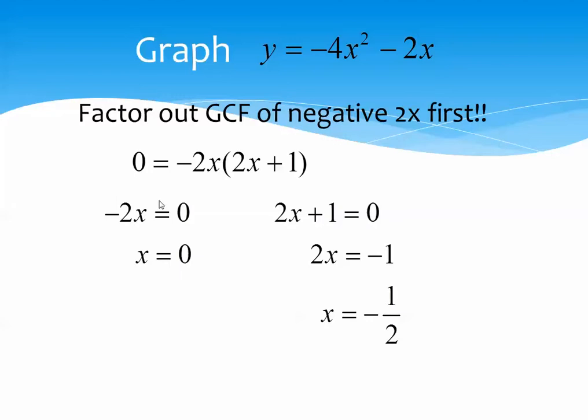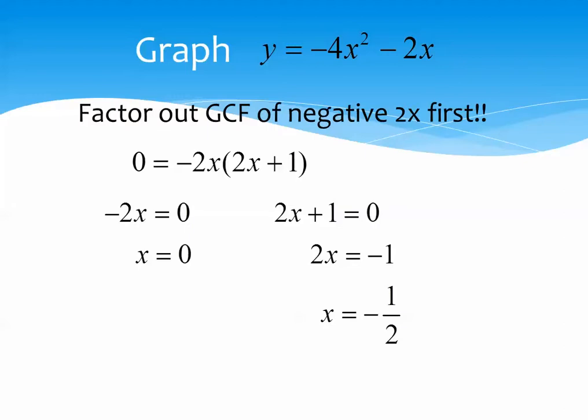Think of it like your parentheses. 2x plus 1 is equal to 0. And when you solve this, dividing both sides by -2, well, anything divided by 0 is 0. That's kind of a cool thing, your GCF. And setting this equal to 0, we will get -1/2. If you haven't written this down, we'll pause here to give you a chance to copy that down so you know this strategy.